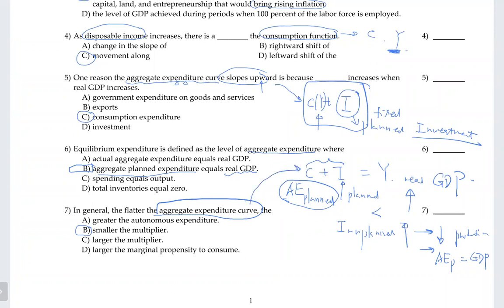But what determines the slope of the consumption function? MPC. Flatter means the MPC is smaller. If the MPC is smaller, that implies a multiplier, which equals 1 over 1 minus MPC, is going to be smaller. Right, so this is the multiplier. Okay, so this is 7.